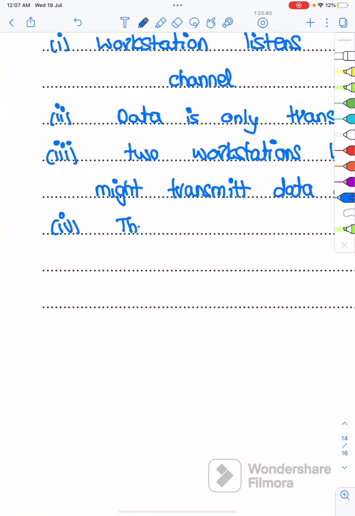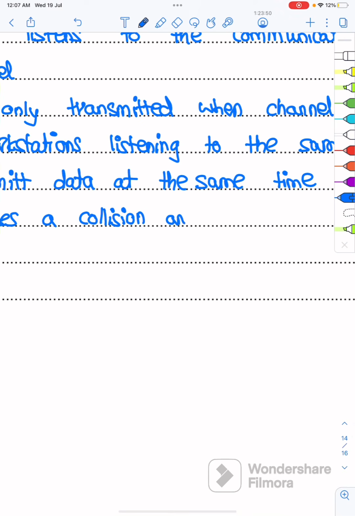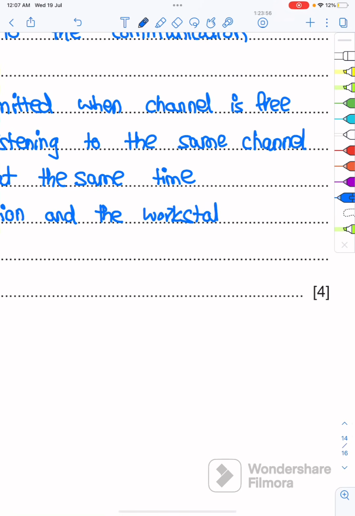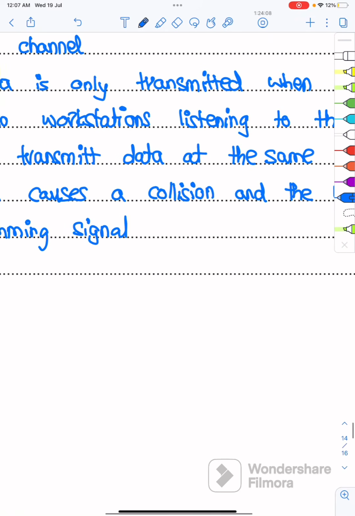This causes a collision, and the workstations send a jamming signal to halt transmission.